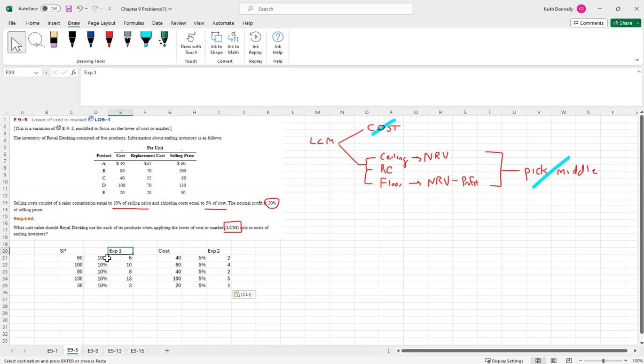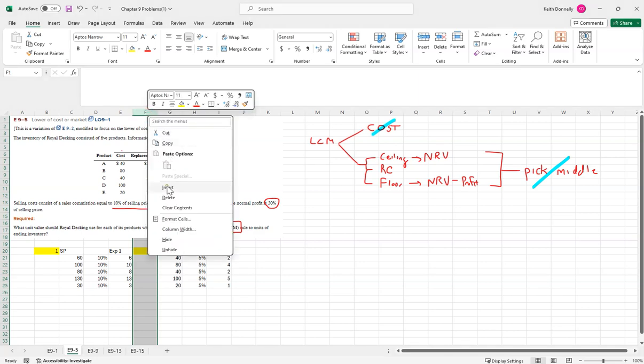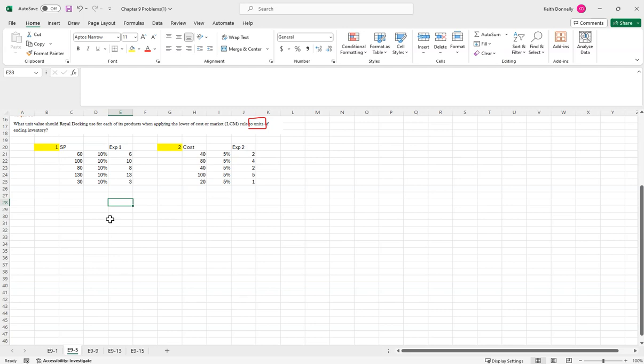So expense 1 is 10% of the selling price. Expense 2 is 5% of the cost. So step 1, find expense 1. Step 2, find expense 2. Just shortcutting it to make the video a little bit simpler, similar to what we did before.